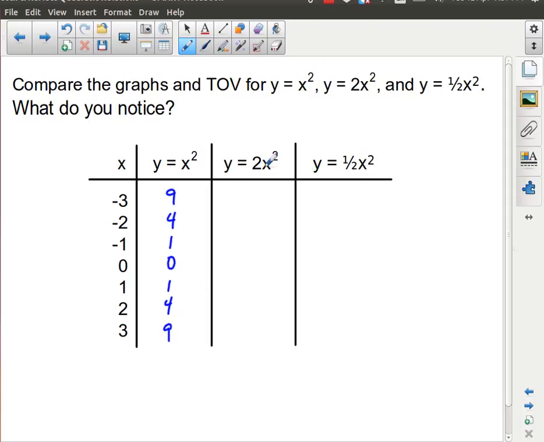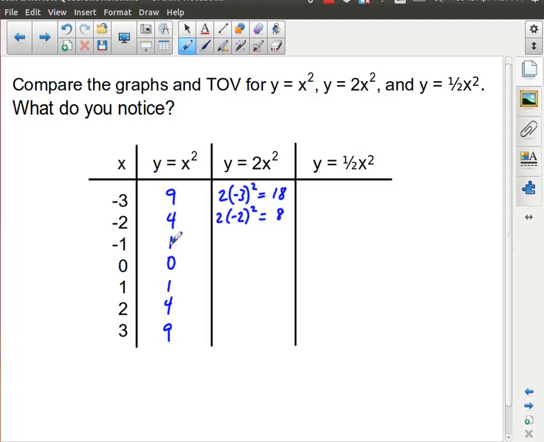Now 2x squared is literally that. Instead of x squared, which was here, I'm going to put in 2x squared. But just to show it genuinely, I could also say that this is 2 times -3 all squared. But -3 all squared is +9, which we had here, and multiply that by 2 and we end up with 18. 2 times -2 all squared: -2 all squared is 4, and double that is 8.